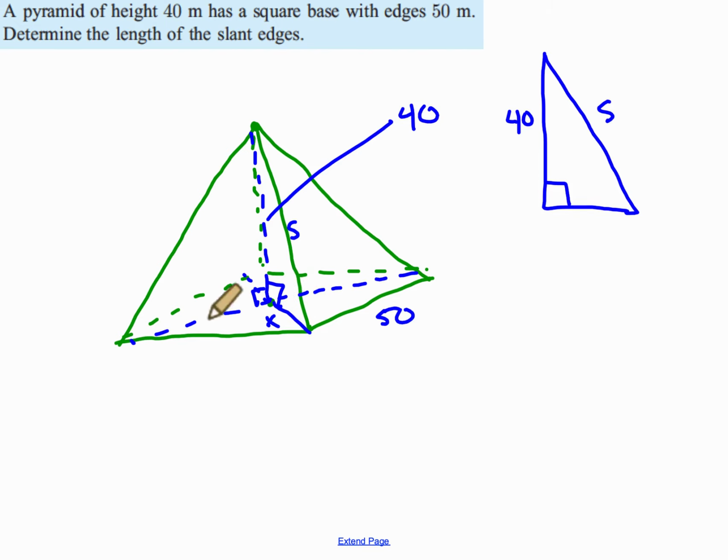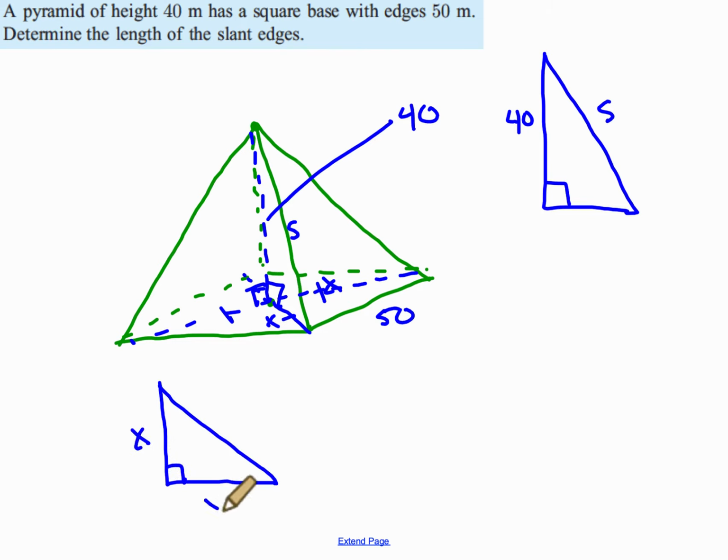The diagonals of a square are perpendicular, and they bisect one another. So they're all equal. So this is equal to this, is equal to this, is equal to this. So if this is x, this is also x. So I'm going to pull that triangle out of there and do it upright.